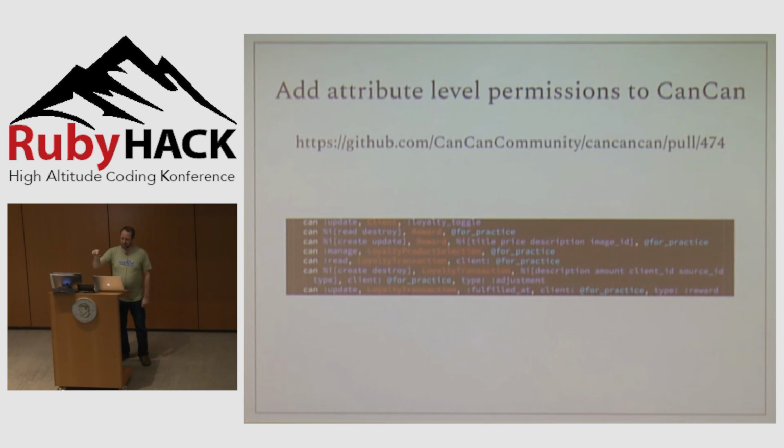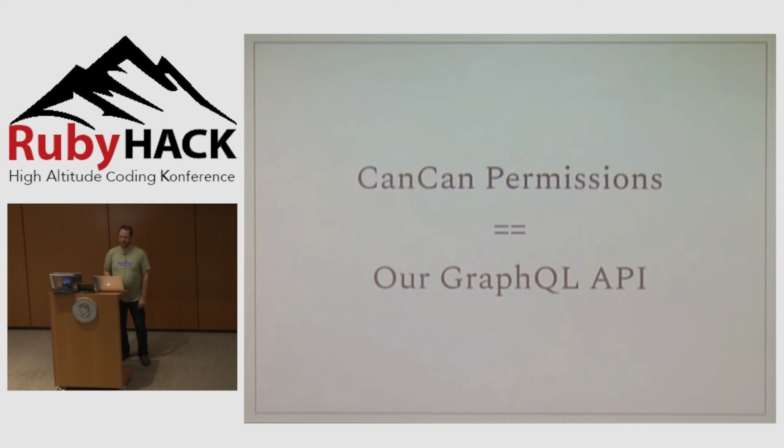But it lets me do field level permissions, like you can see here, the reward you can only create with title, price. And so in the end, here's the hook. The hook is that anything now that I put in my can permissions immediately just becomes my GraphQL API, and no steps or code in between.